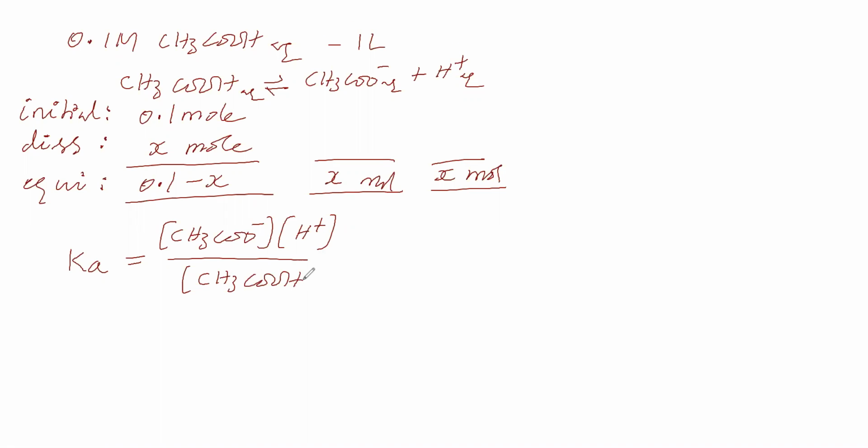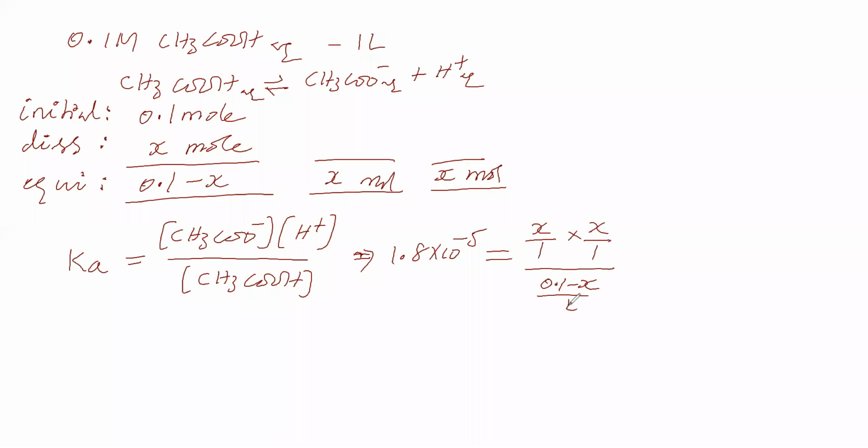Ka for acetic acid is roughly 1.8 into 10 to the power of minus 5. It is equal to the concentration of acetate ion, x moles by 1 liter, since the volume is 1 liter, times H plus concentration, x moles by 1 liter, divided by the acetic acid concentration, 0.1 minus x by 1 liter.